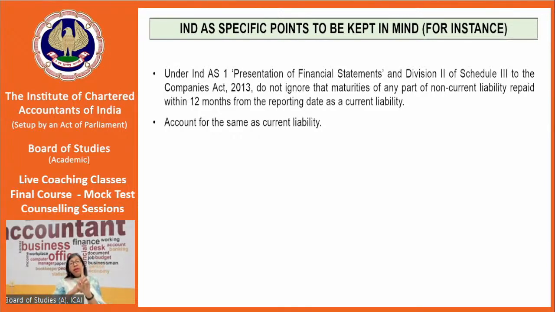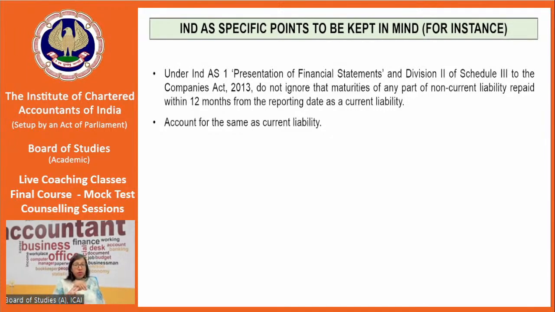Even though the loan is one, it has two elements, current and non-current. The first annual installment is to be shown under current liability, and the remaining 4 installments, I'm talking about the first year of the loan, will be considered as non-current.